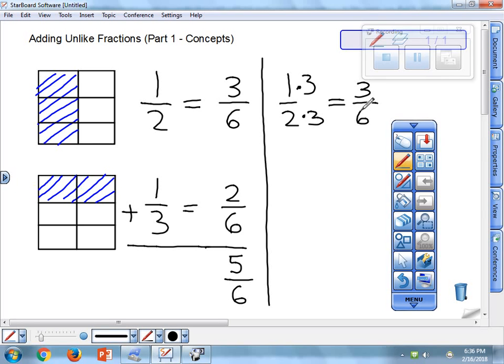And for the fraction 1/3, I did something similar. I multiplied the numerator by 2, and I multiplied the denominator by 2 to create an equivalent fraction of 2/6.